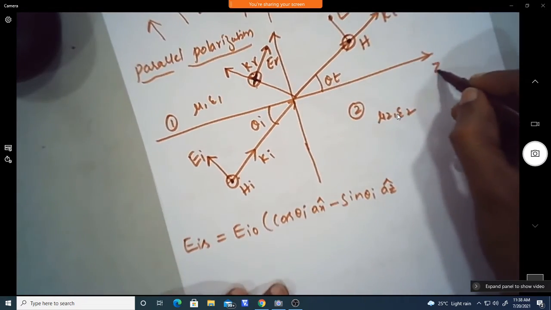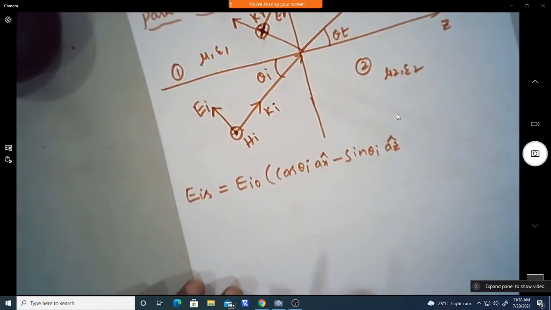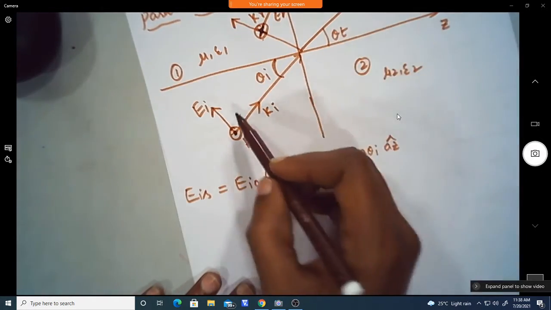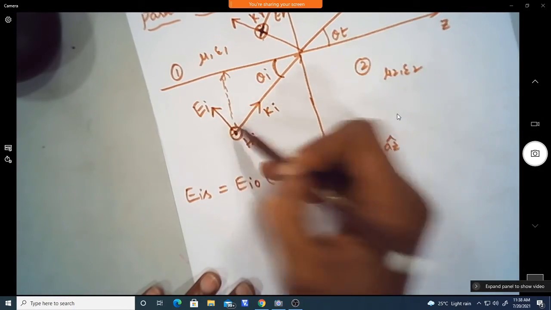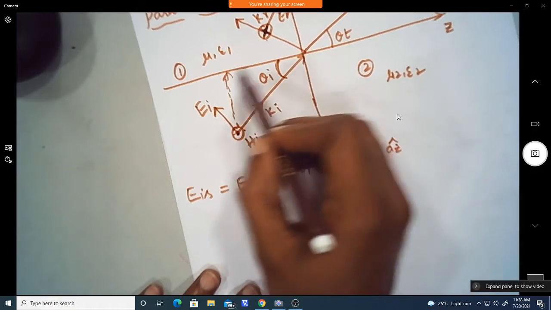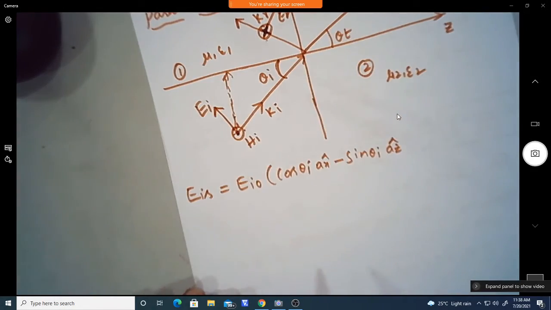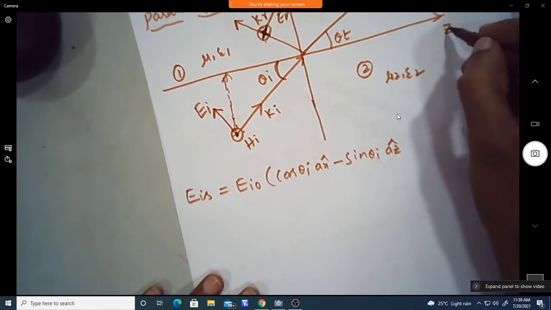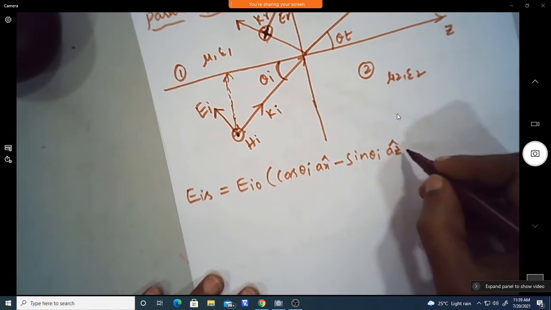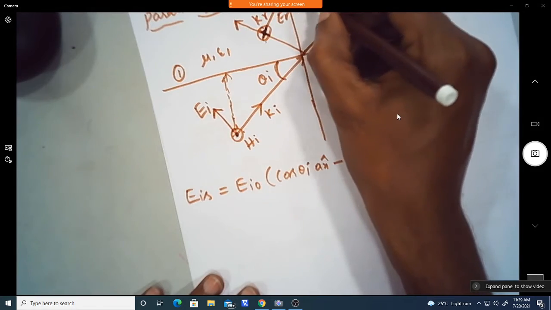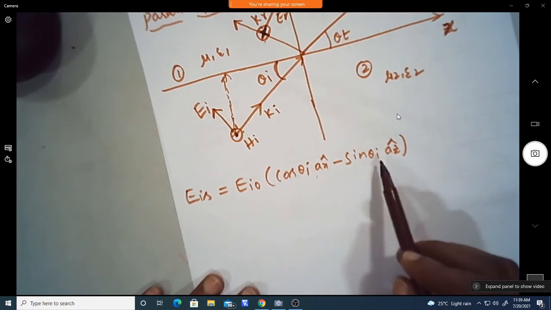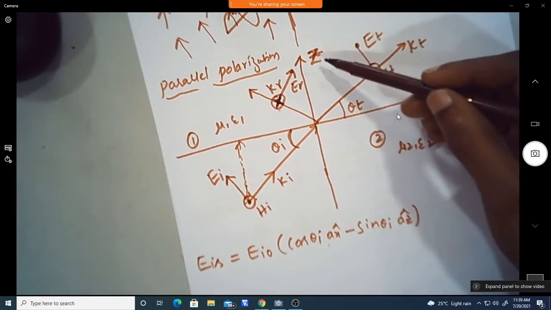If I take this as the Z direction and this as the X direction, I am taking the incident angle in terms of X as well as Z. So the cos theta is in the direction of ax and the sin theta in the direction of z.